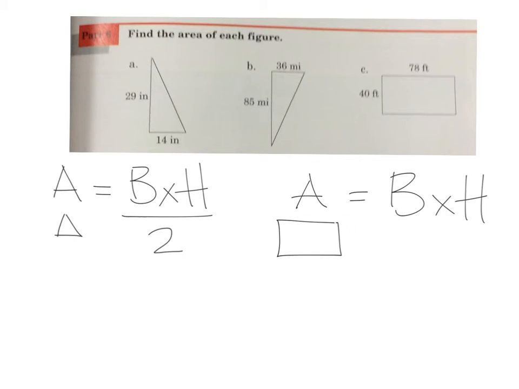If you are using a rectangle formula for the rectangle shapes, you just do base times height. So go ahead and solve the 3 problems for part 6, and then when you are done, come back for the next part. The last part is in your workbook. So after this part, get your workbook ready and we'll continue on the next slide.